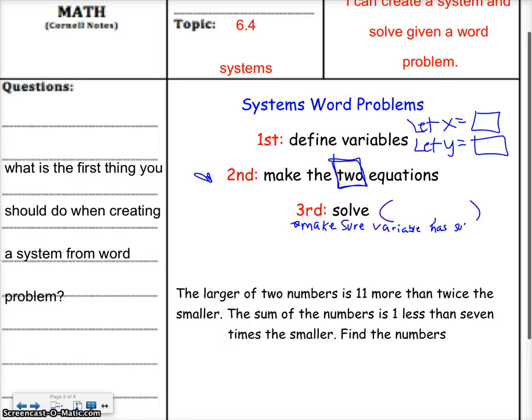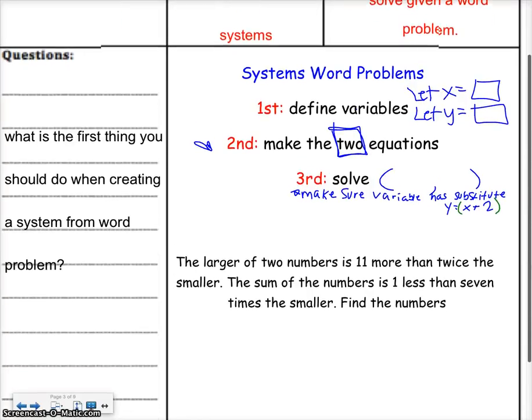Do you know what I mean by that when I say has a substitute? That means like y equals x plus 2. So like y would have a substitute. And sometimes we have to find the substitute and then you go along and solve. I'm going to assume you know that next step. And that's where you have to be so careful with your integers, because integers can be a stinker sometimes with this stuff.